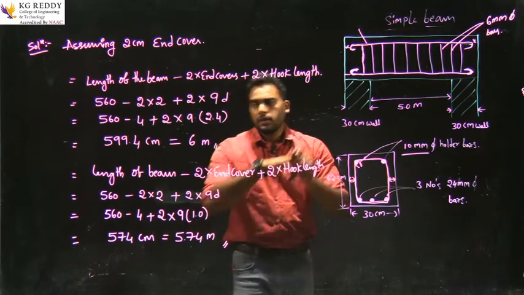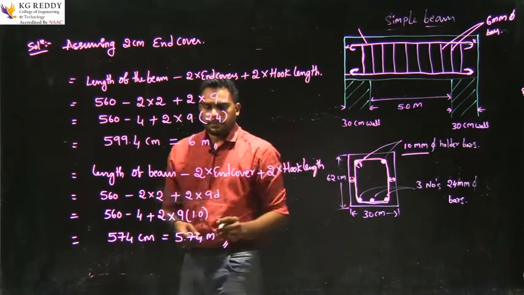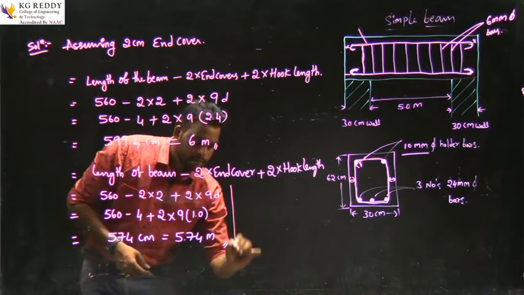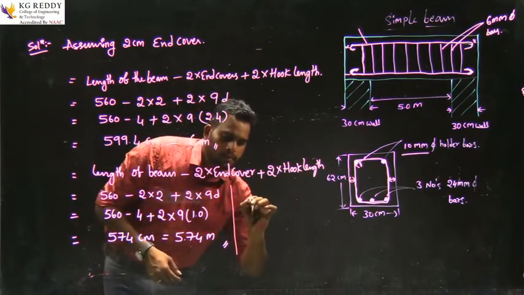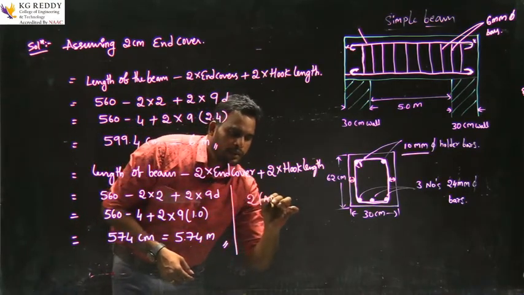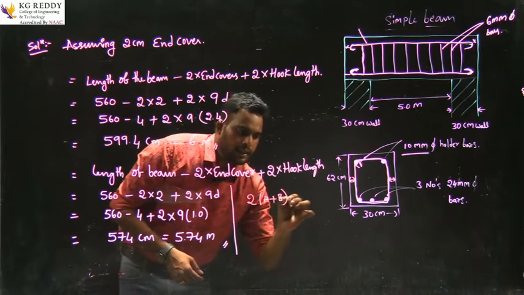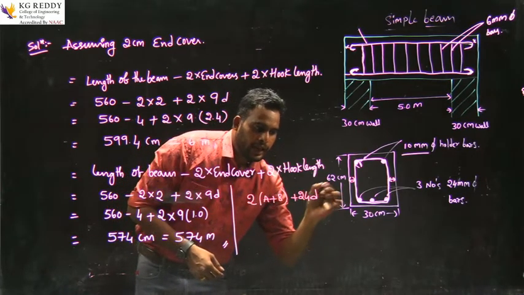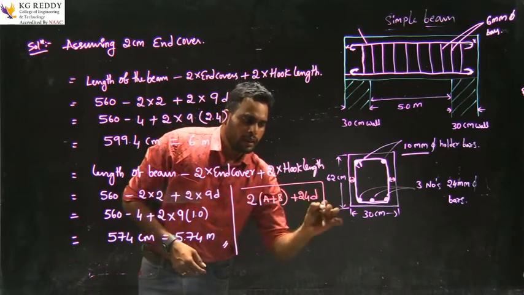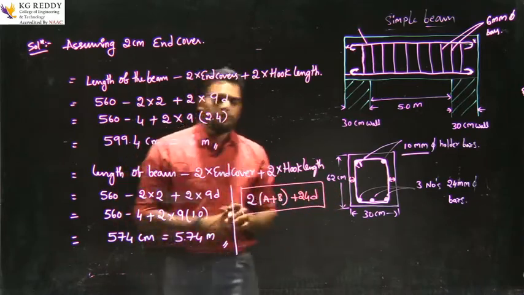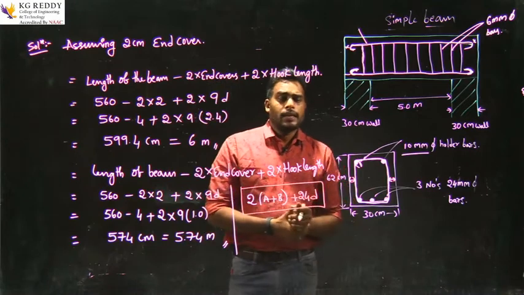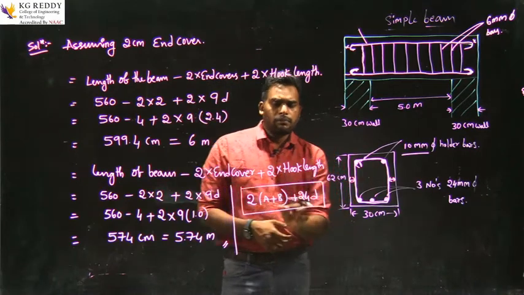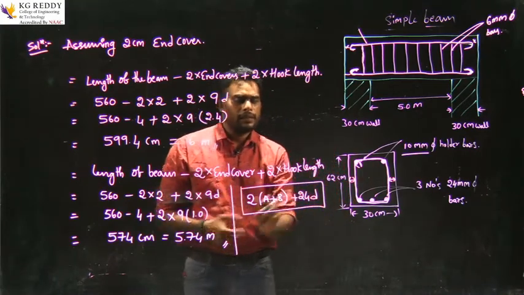The formula is 2 into (a plus b) plus 24d. So this is the formula. By using this formula, we can find the length of the stirrup. Why do we mention a plus b here?